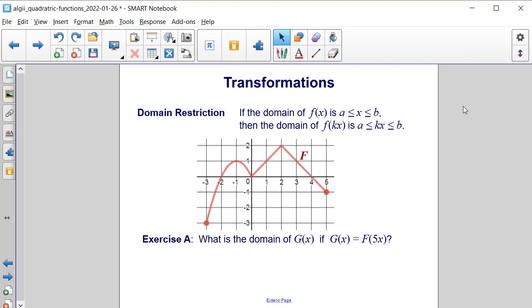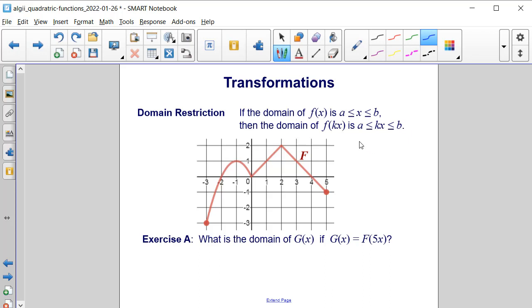Transformations also lead to domain restrictions. For example, if the domain of f of x is a is less than or equal to x, which is less than or equal to b, then the domain of f of k times x will be found by substituting kx in for x in this inequality. So we have a is less than or equal to k times x, which is less than or equal to b.